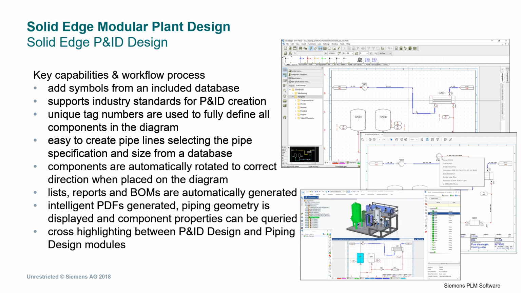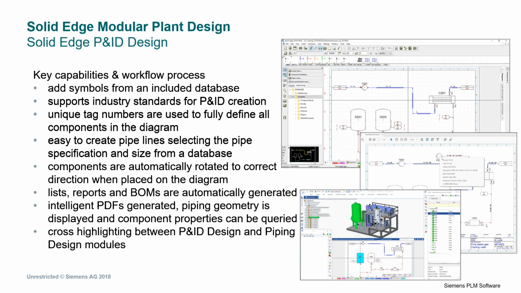Here are some key capabilities and the workflow process of Solid Edge P&ID design. Number one is we can include symbols from our included database, and these support the industry standards for P&ID creation. We can add unique tag numbers. We can easily create pipelines and set the pipe specification and size from the database.